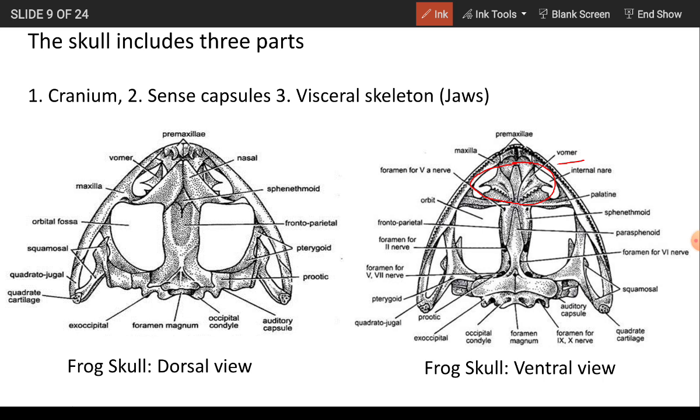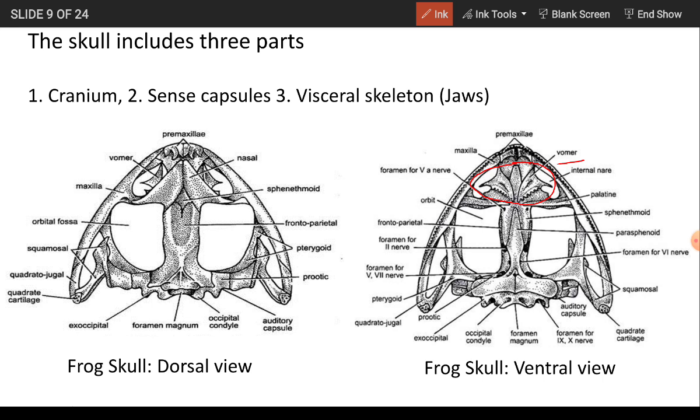These are also a pair of small, flat, triangular bones present on the ventral side of the skull, and they form the floor of the olfactory capsules.